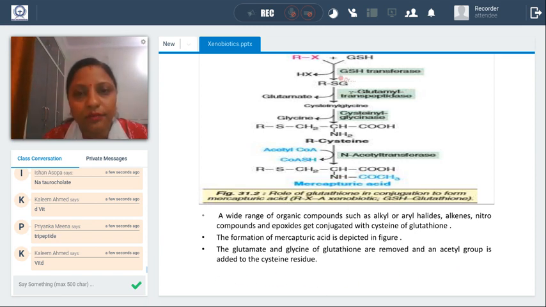You can see here: glutathione S-transferase, cysteine glycine, and this R-cysteine, and lastly mercapturic acid is formed. Gamma glutamyl transpeptidase, cysteinyl glycinase, and here an acetyl transferase. Ultimately, it forms mercapturic acid.